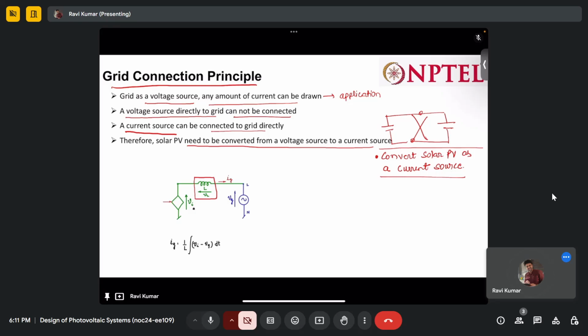So this is our PV side, this is our grid, and with an inductor, Kirchhoff's law gives Vg plus Vm equals V. Before integrating a solar PV system to the grid, we require an inductor, and this inductor converts the entire thing into a current source.